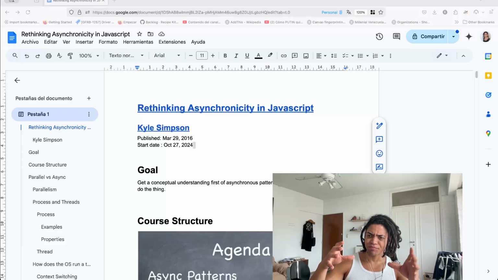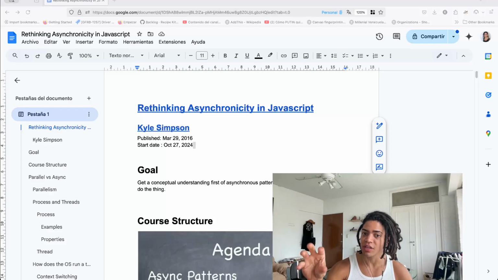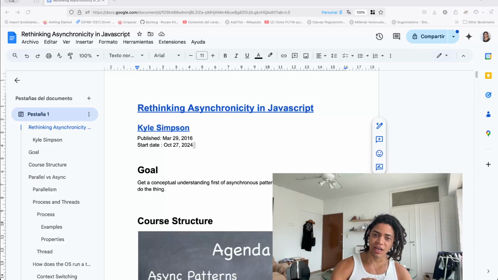Now, the idea here is to understand the particular tools, aka patterns, that allow us to deal with this concurrency in our application. And for that, we need to explore what concurrency means, what parallelism is, and the difference between concurrency and parallelism in real-life examples. And what are the tools that allow us to deal with concurrency in our applications, such as callbacks, as well as their trade-offs.